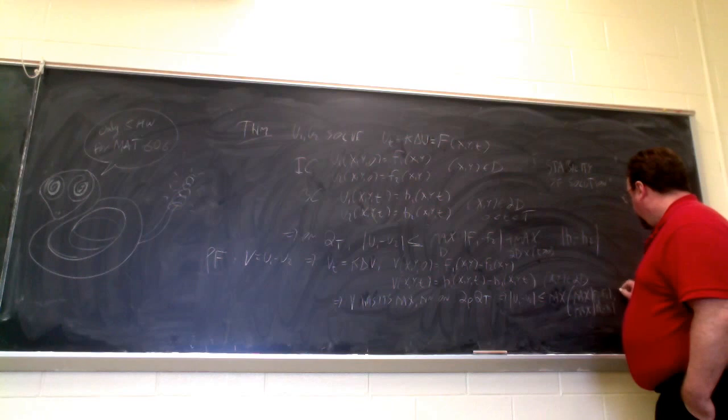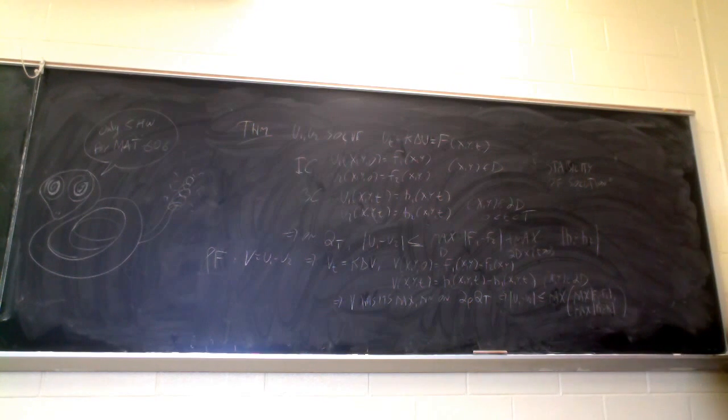Because one of these is going to be the maximum on the entire parabolic boundary, and that is the max absolute value of V. Okay. Any questions about that?